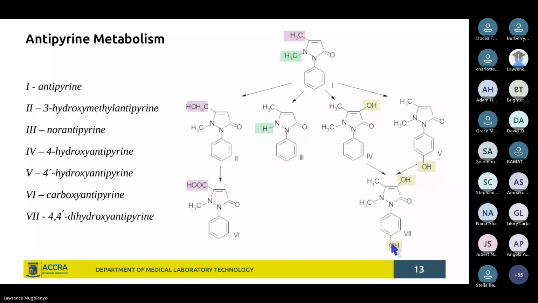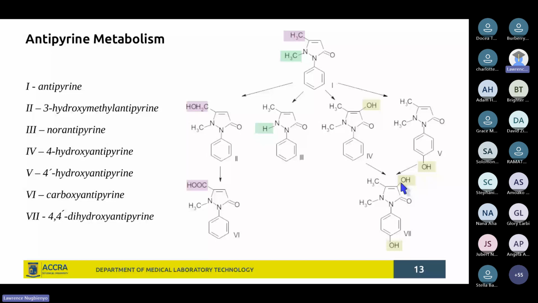Or this last reaction here will give you the same thing if you have the hydroxyl group on the 4' first, and then you now have a hydroxyl group attached on this 4th carbon.